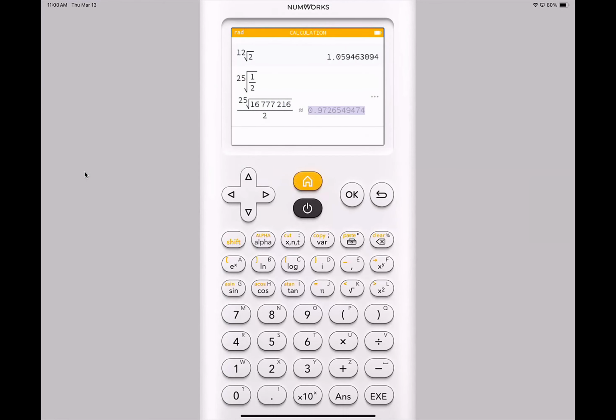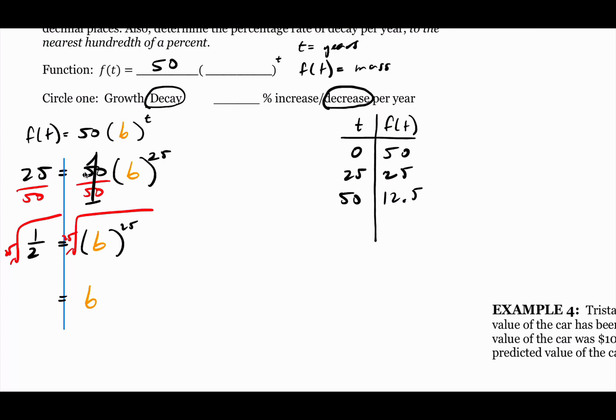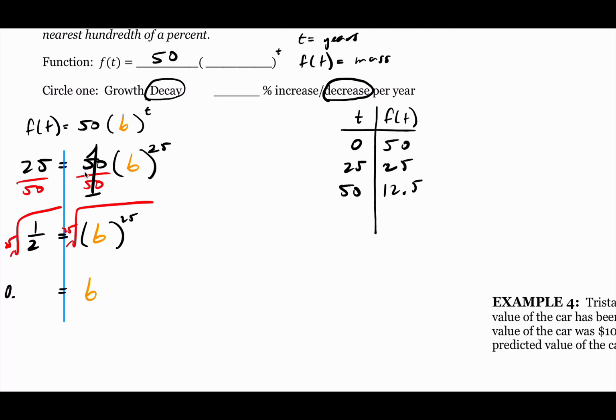The 6 is going to go up since the 5 behind it is bigger. So it's going to be 0.9727. That's going to be b, our decay rate. It's a decay this time.